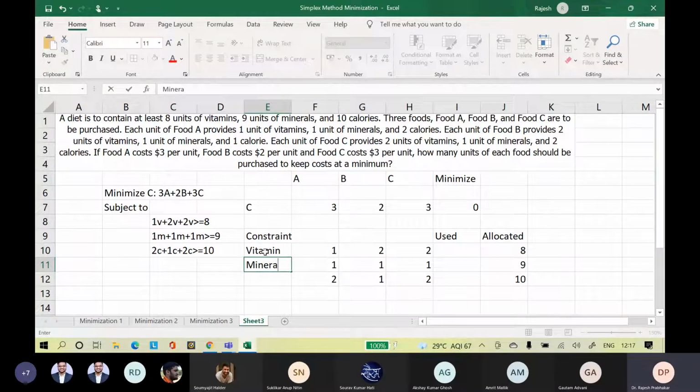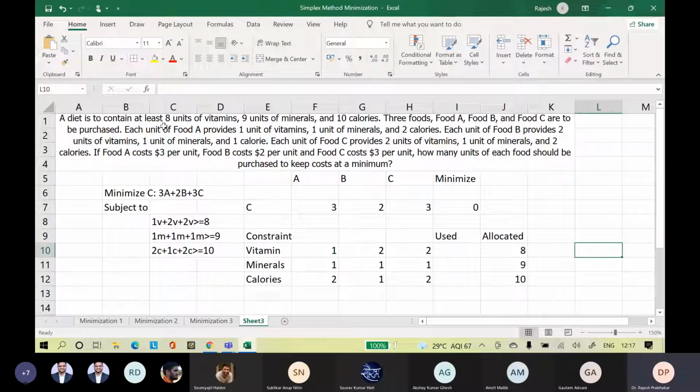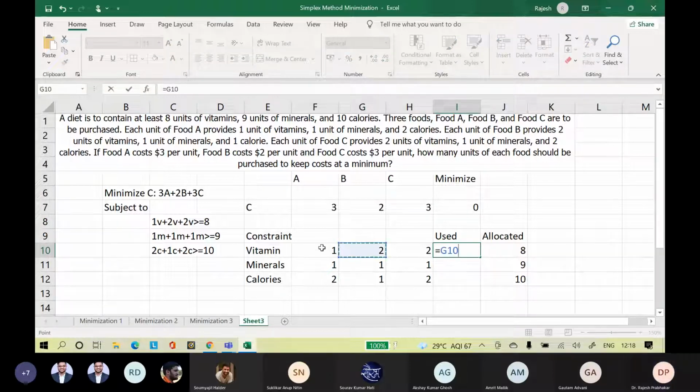This is your mineral constraint. This is your calorie constraint. So a diet should contain at least 8, 9, and 10. We have to look at the cost: this into this plus this into this plus this into this.